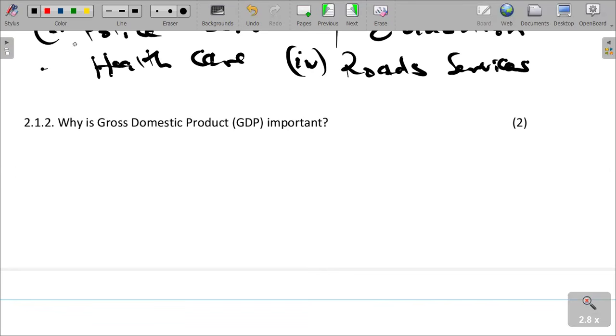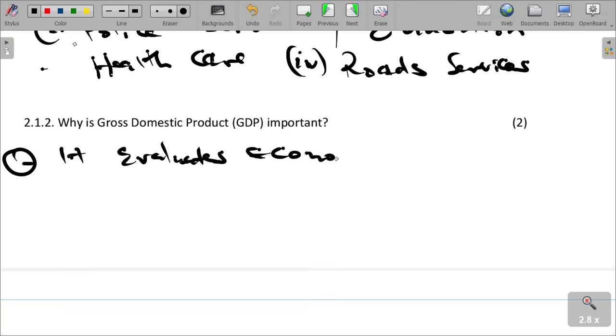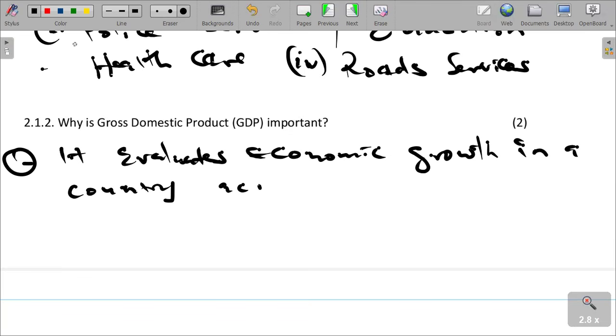And why is the gross domestic product important? Gross domestic product is important because it measures the economic growth from one year to the next. It is used to assess, it evaluates economic growth in a country across different years.